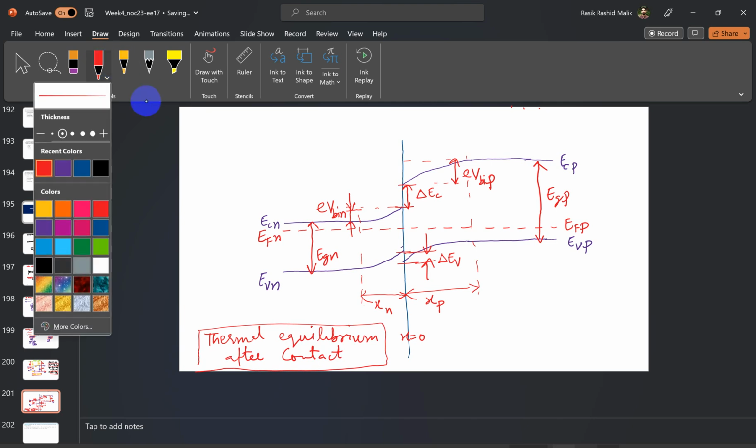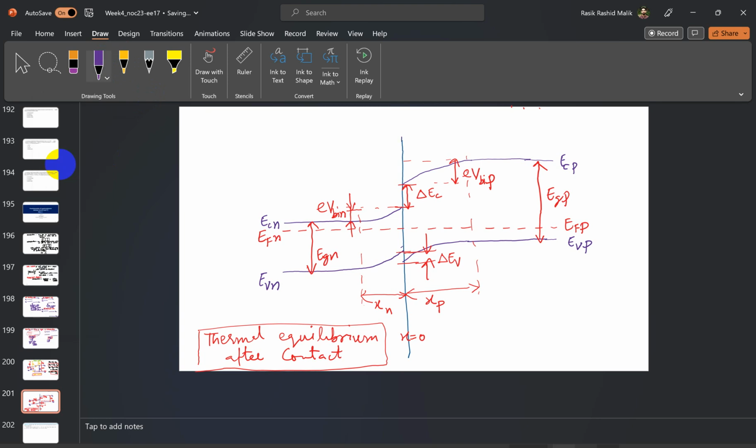So what I was saying, that I'll draw the vacuum level. The vacuum level will have a similar type of bending as we have in the conduction band or in the valence band, and it will be continuous.